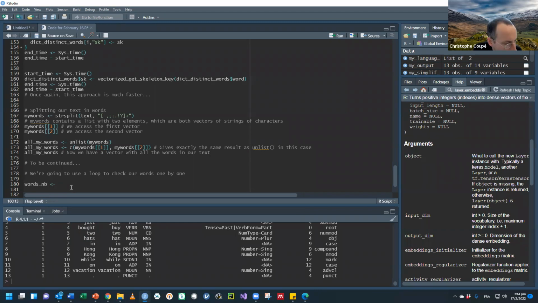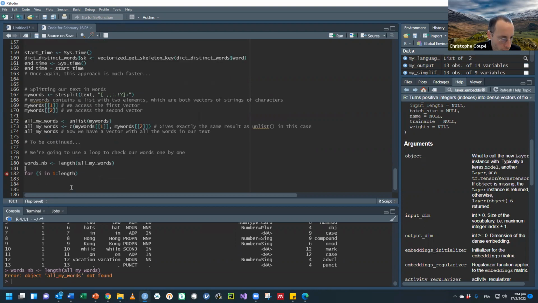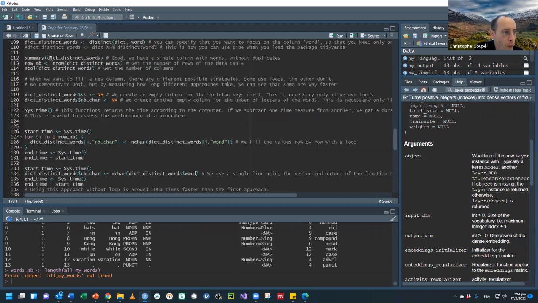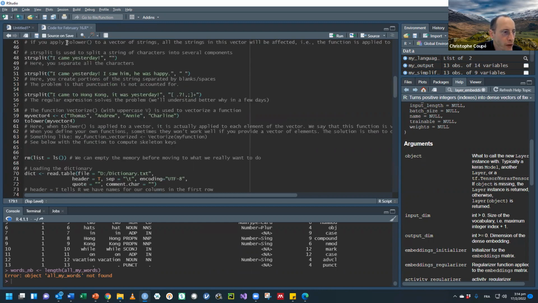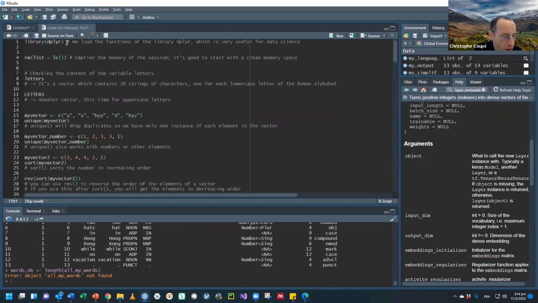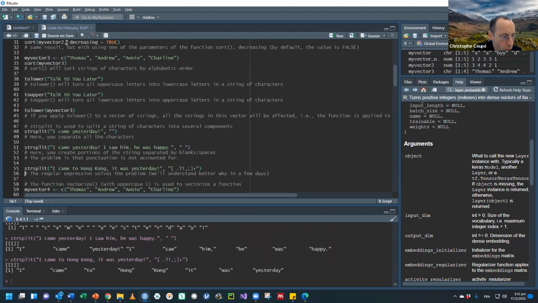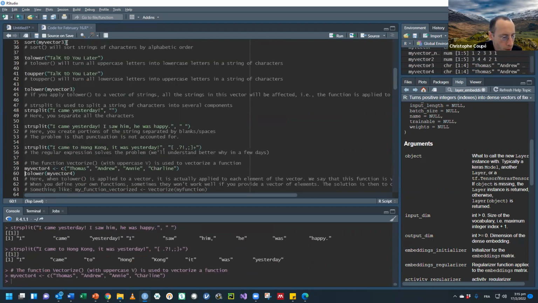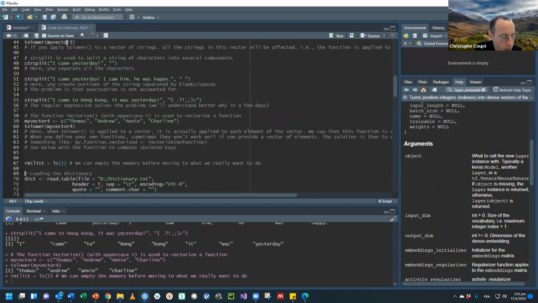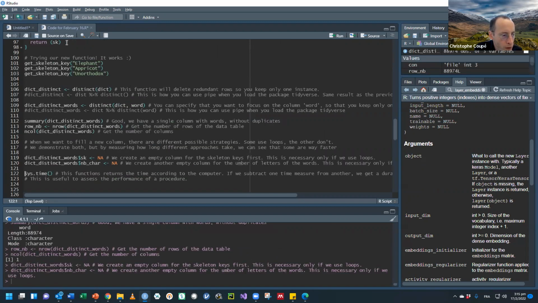We could compute the number of words we have to check. The way we can do that is to ask for the length of the vector. Oh, I need to execute everything before, sorry. Otherwise, of course, nothing is going to work. So everything we have done before. All right.